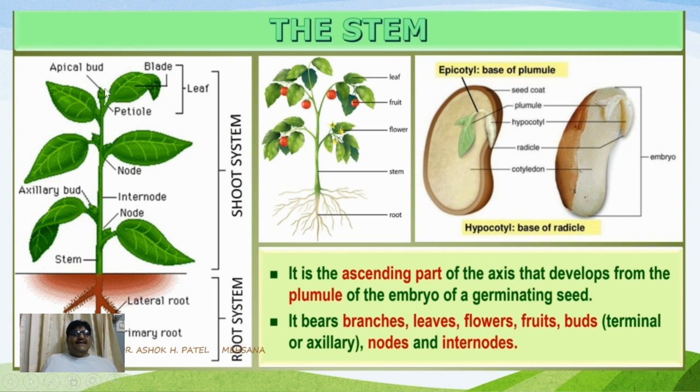Especially two types of buds are there. One is on top, called the apical bud, and some are axillary, called axillary buds. Those arise from the nodes and are situated in axillary positions.